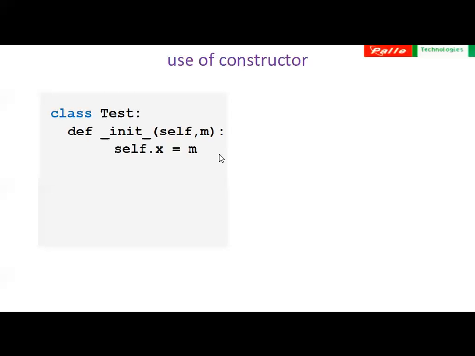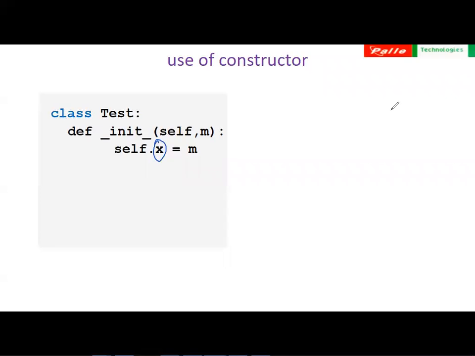Can anyone tell me what this x is? Remember, this x is a variable. Even this x is a variable. So we are creating one variable inside the constructor.